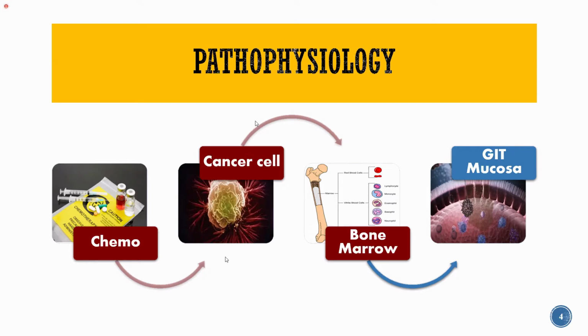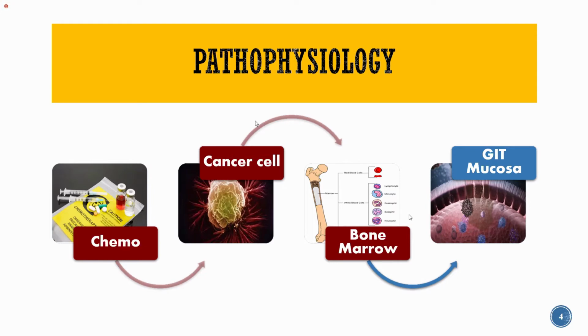So generally speaking, when we give chemotherapy today, we are expecting the patients to have neutropenia after 7 to 10 days, because the half-life of the neutrophil is about 1 to 3 days. Let's say it is 3 days, so after 4 half-lives, we're talking about 10, 12 days.